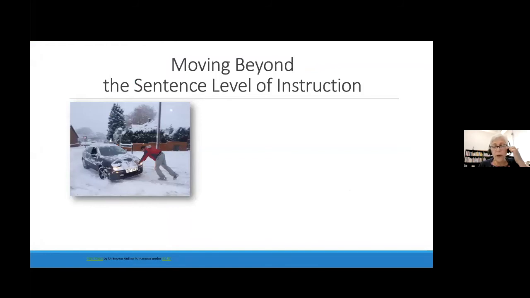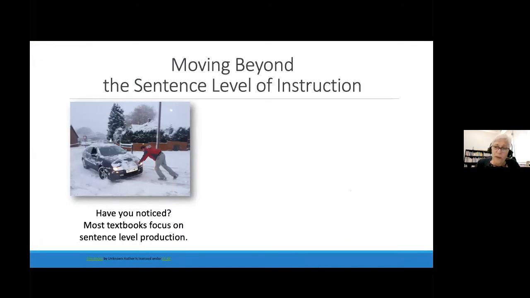I want to point out that the sentence level is the place where it's easy to get stuck. It's easy to get stuck in your instruction, and it's easy for students to get stuck in their language production. And you'll notice the photo. I'm in upstate New York, Oswego to be exact, and this is what getting stuck looks like.